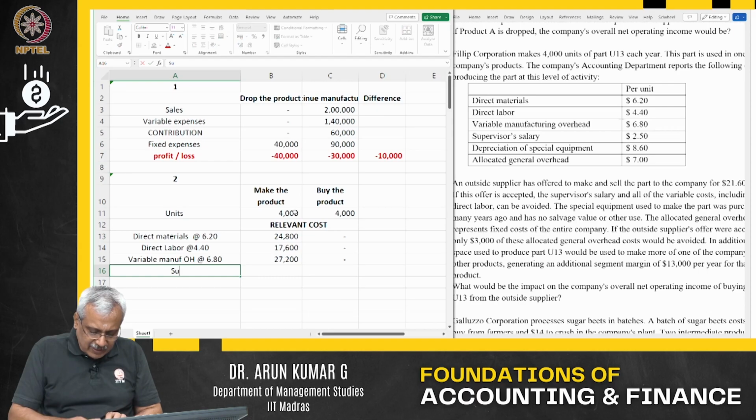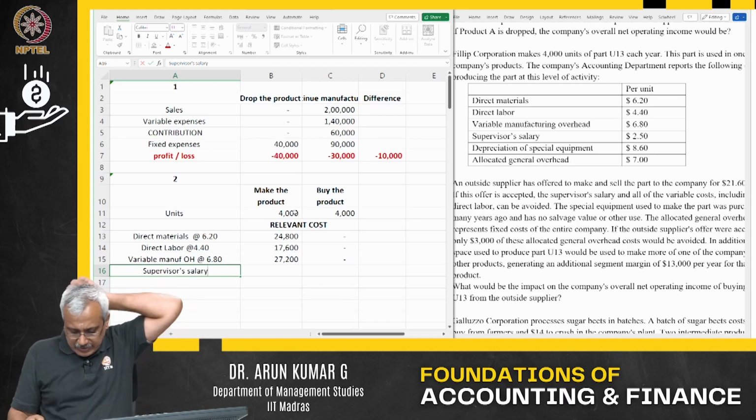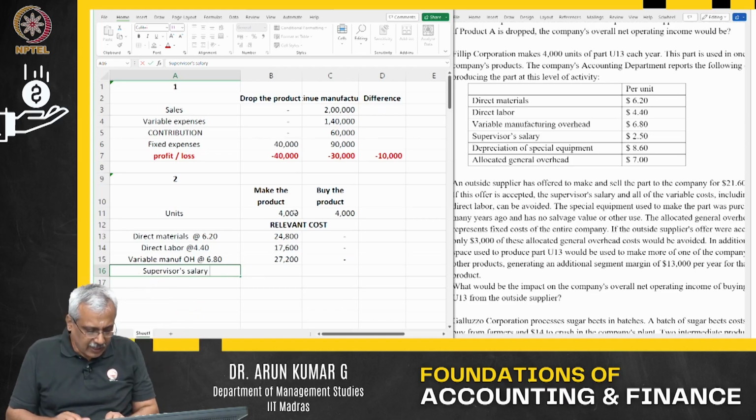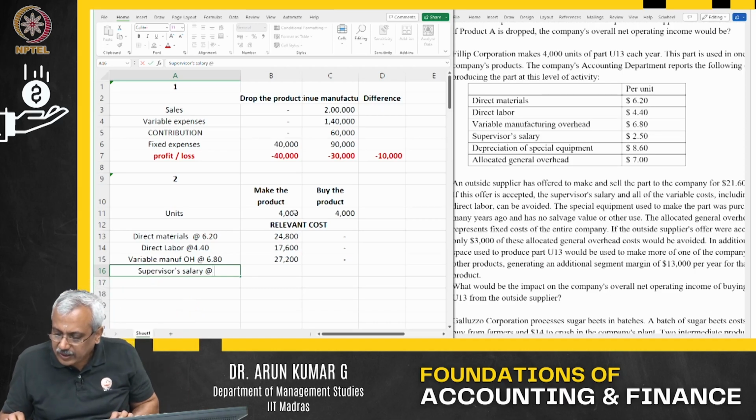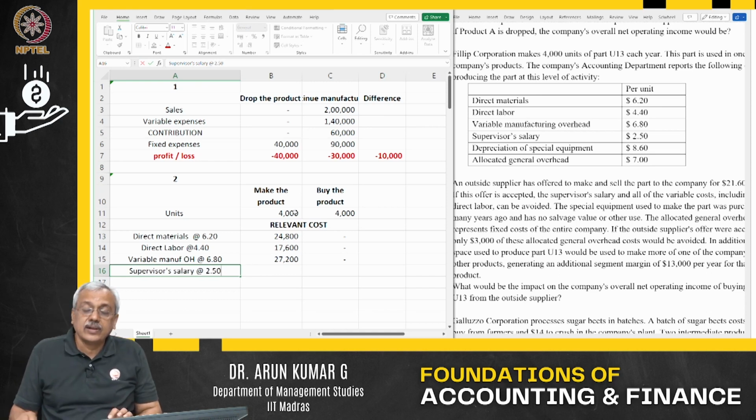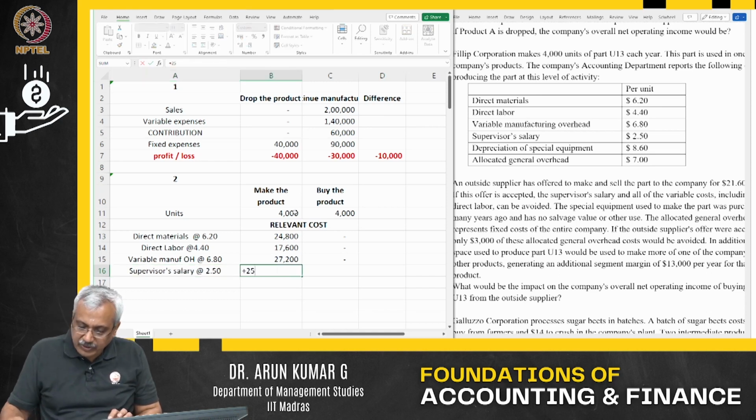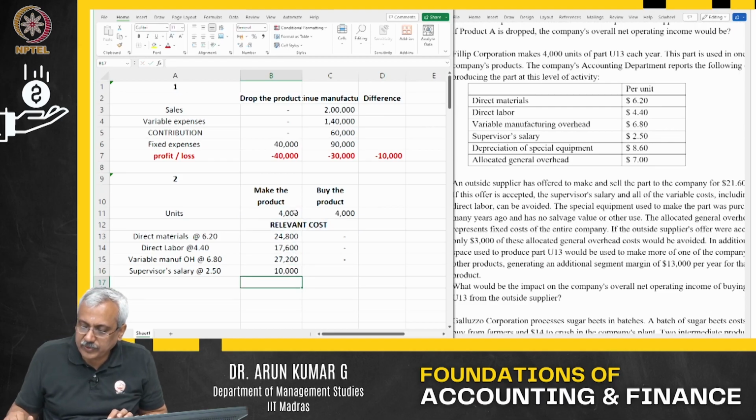Next is supervisor salary. Supervisor salary in this particular case at the rate of, what is the rate they have given? 2.50. So, that is going to be 2.50 into 4,000 out there, and this is the supervisory salary.